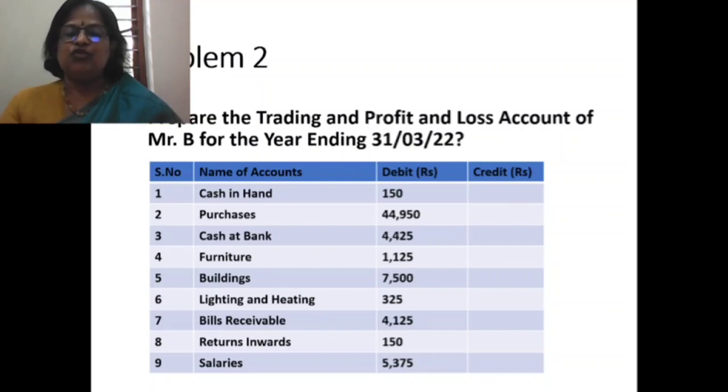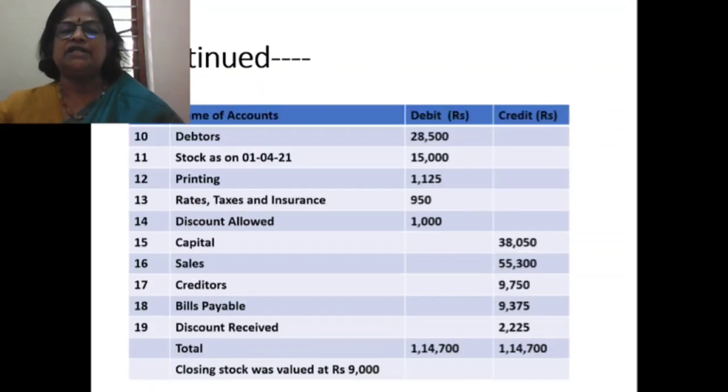Bills receivable 4,125, returns inwards 150, salaries 5,375, debtors 28,500, opening stock 15,000, printing 1,125, rates, taxes and insurance 950, discount allowed 1,000.